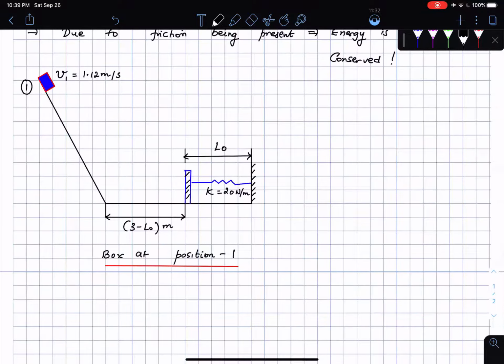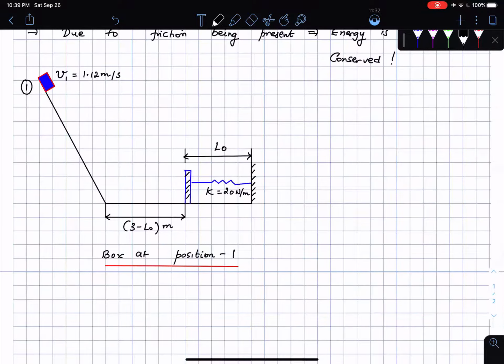At position 1, what are the things that we have? First of all, the velocity is known to us as 1.12 meters per second, which means that this box is going to have a certain kinetic energy at position 1, half m v1 squared.